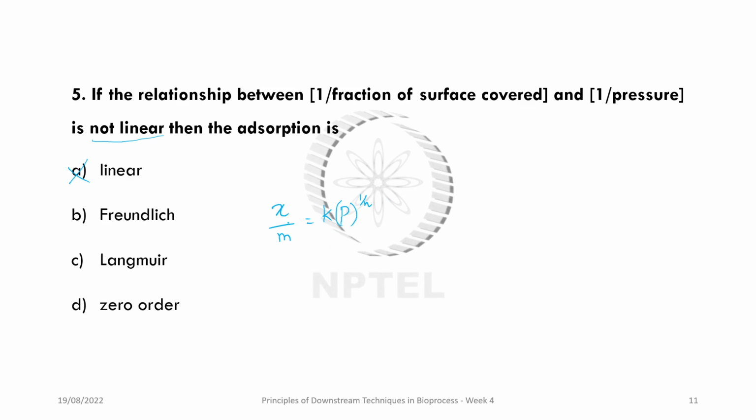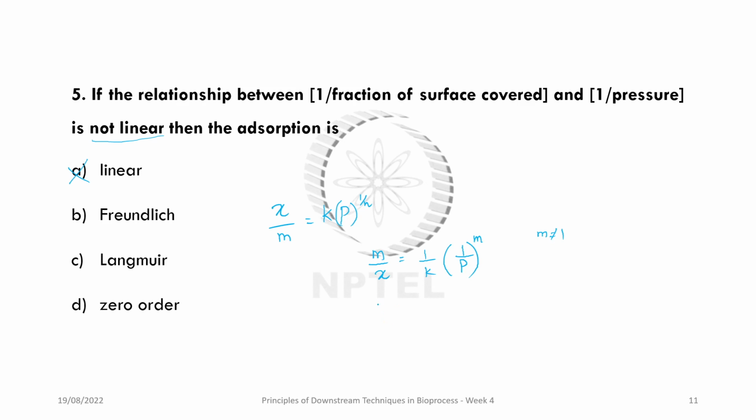Now they're telling you fraction of surface covered, so the adsorbate by adsorbent. So 1 by fraction of surface covered will be m by x, correct? And 1 by pressure will be 1 by p. And this has some n factor which is not equal to 1. Alright?